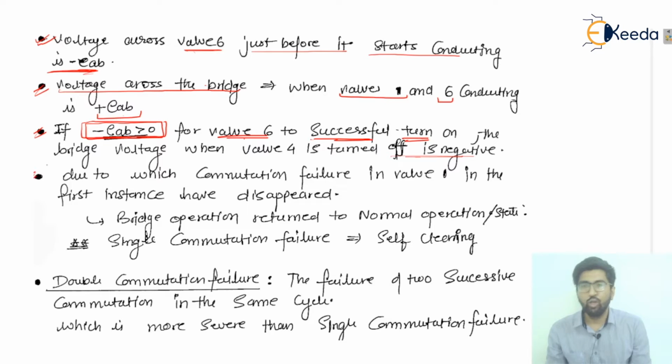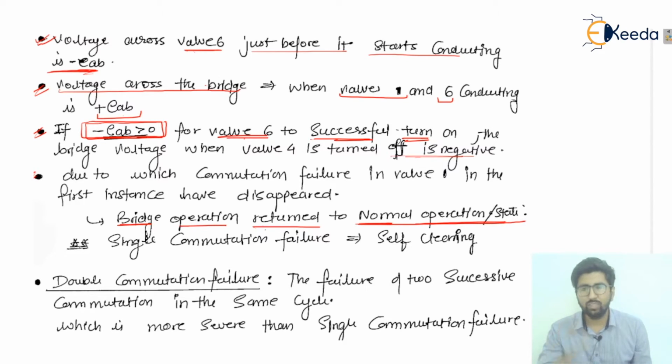Due to this, the commutation failure in valve number 1 in the first instance has disappeared. The commutation failure we saw for valve number 1 has disappeared here, and the bridge operation has returned to the normal operating state.